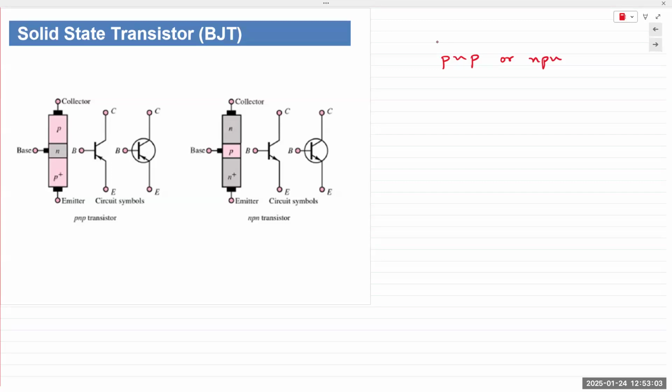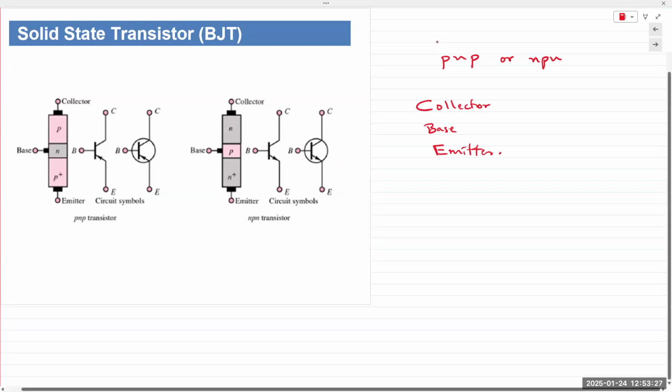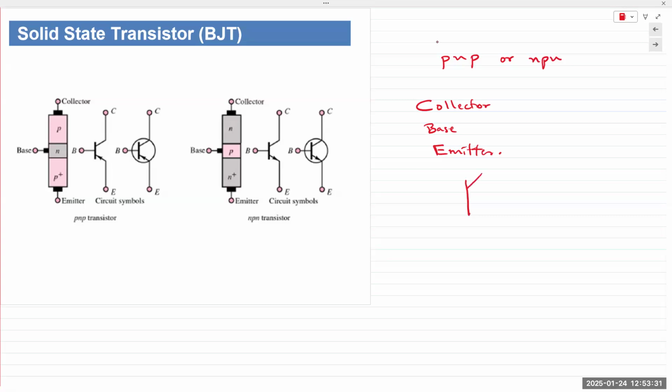There are many circuit configurations where we use both NPN and PNP together, but for discrete circuits, we almost always prefer NPN transistors. The three terminals are labeled collector, base, and emitter. The transistor symbol is typically drawn with one vertical line and two lines at an angle.